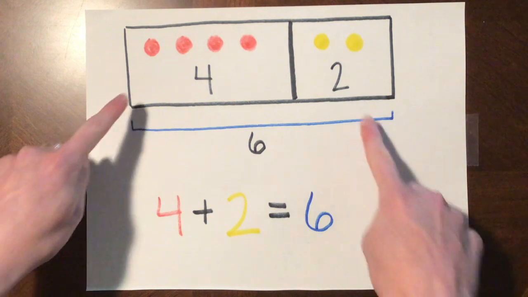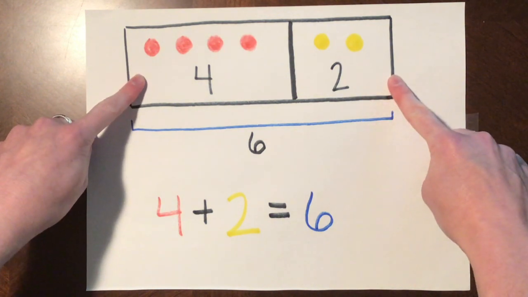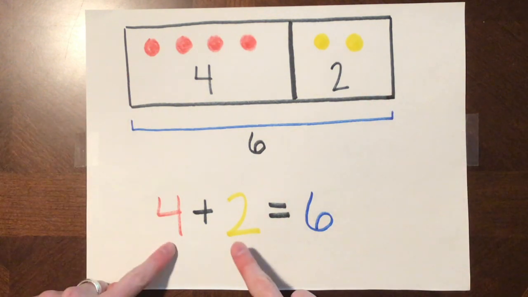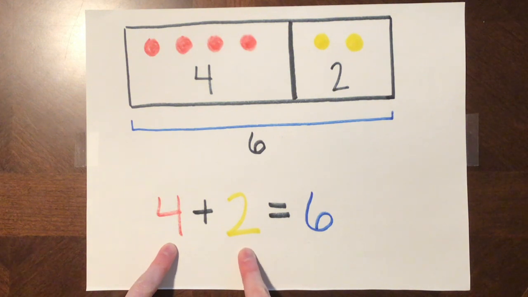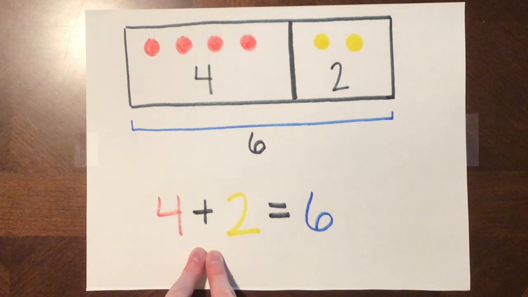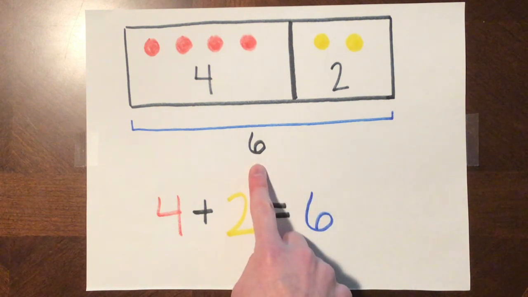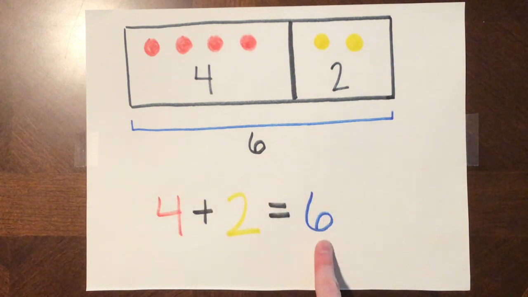The numbers in the smaller parts of the bar model are the addends, the numbers that we put together in the number sentence. The number that tells us how many are in the whole thing is called the sum.